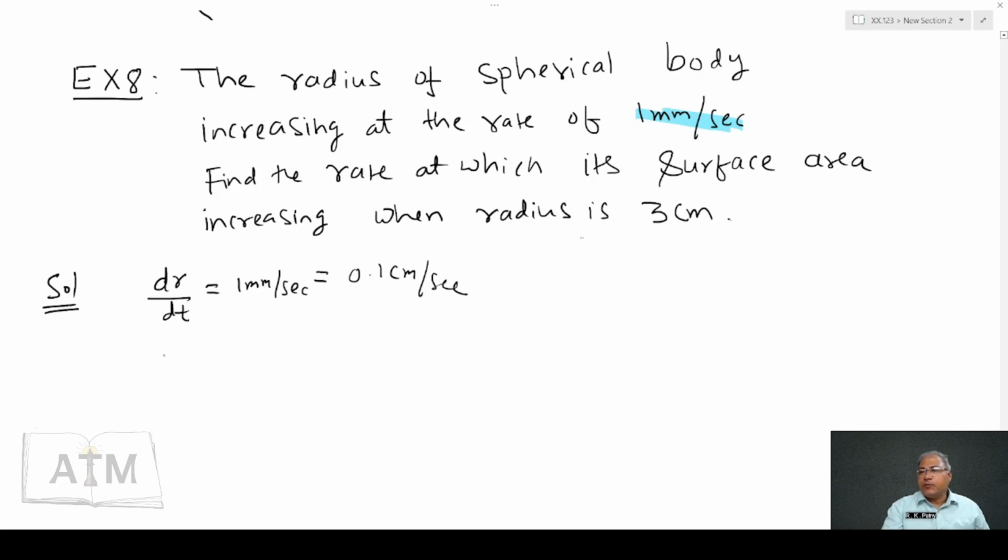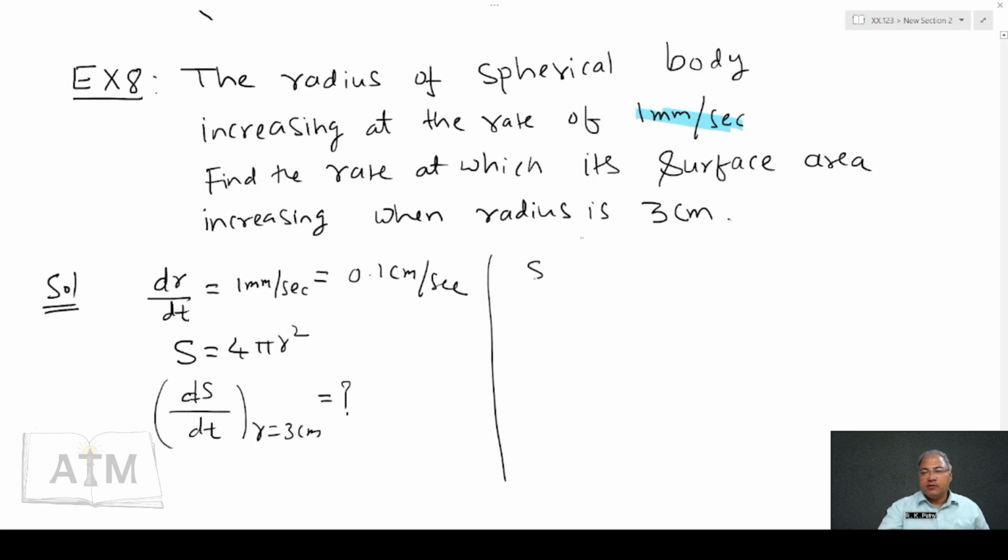Now the surface area of the spherical body is given by S equals 4 pi r square. We need to find the rate of change of surface area, that is dS by dt, when r equals 3 centimeter. How to find that? First of all, we have S equals 4 pi r square. Differentiating with respect to t, so dS by dt, where t is nothing but time, equals 4 pi into 2r into dr by dt.